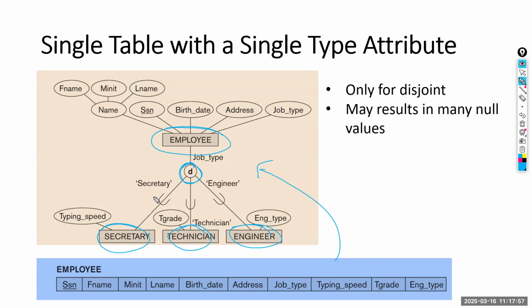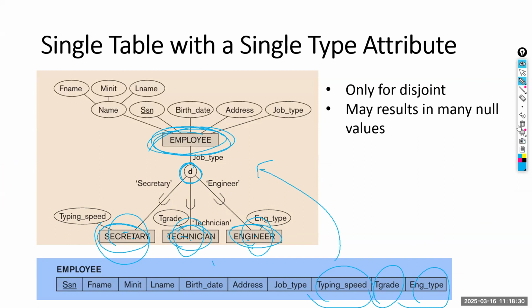Then you have all the general fields, like employee name and salary, and all the special fields for every specialization, like typing speed, which is related to secretary, technical grade if you are a technician, and engineering type if you are an engineer. But it will be only one category, or none of the categories. That is a general employee. So this will work.